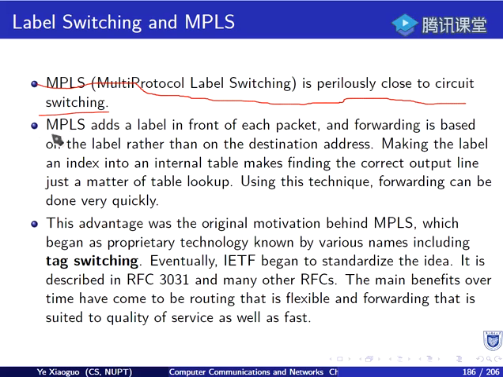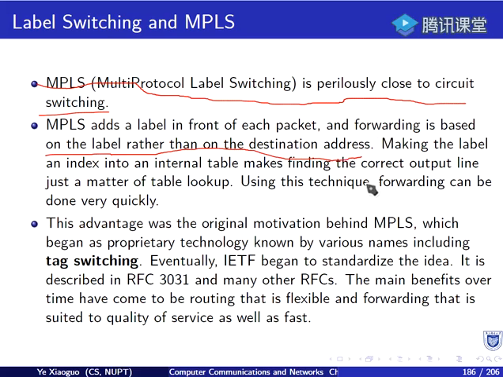MPLS adds a label in front of each packet, and forwarding is based on the label rather than on the destination address, making the label an index into an internal table.